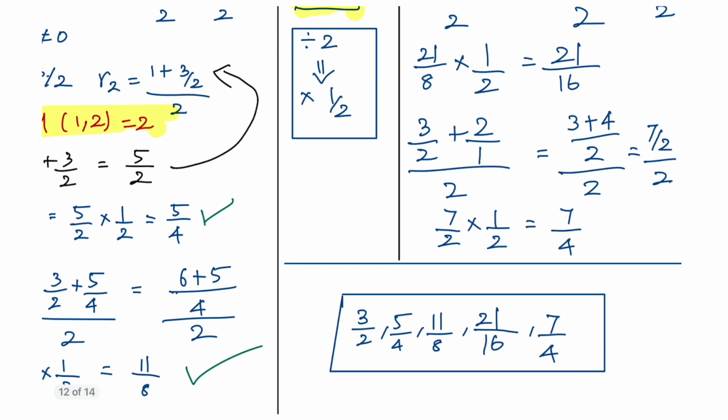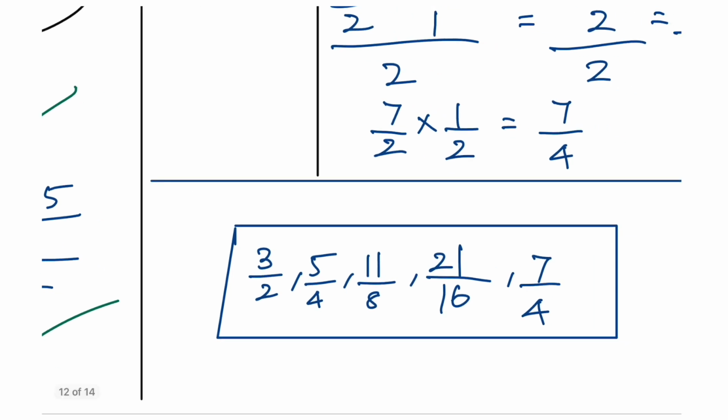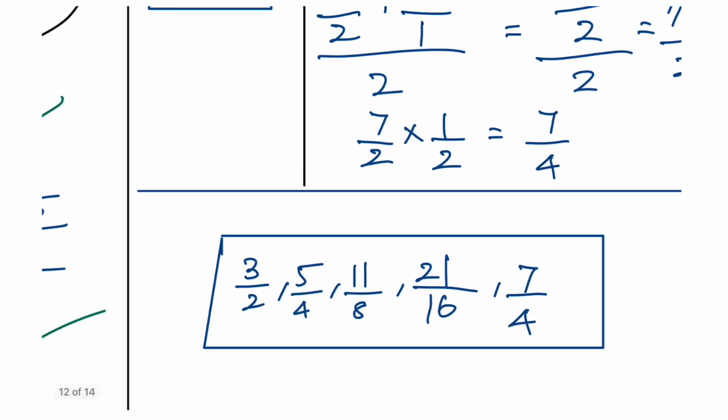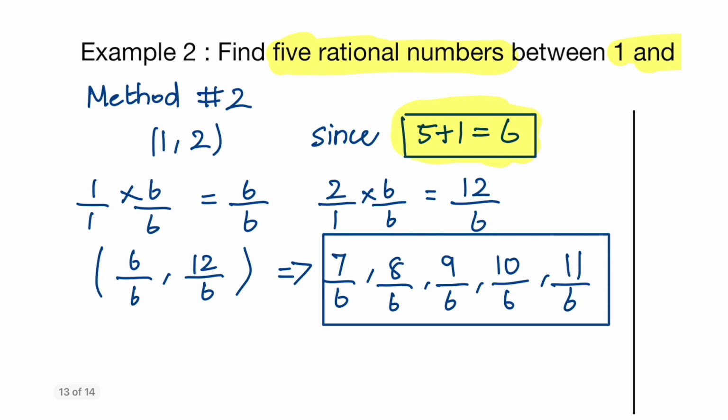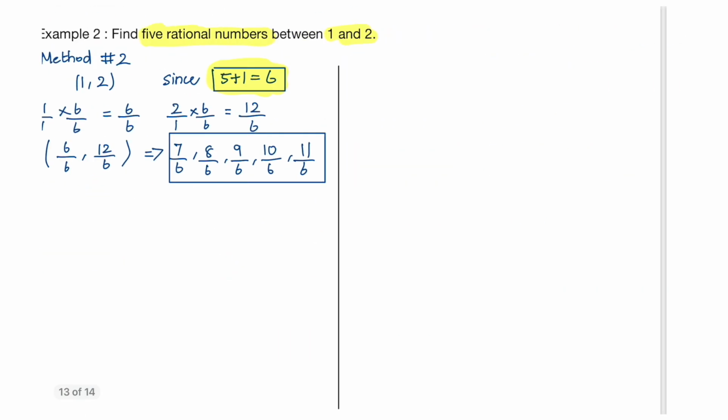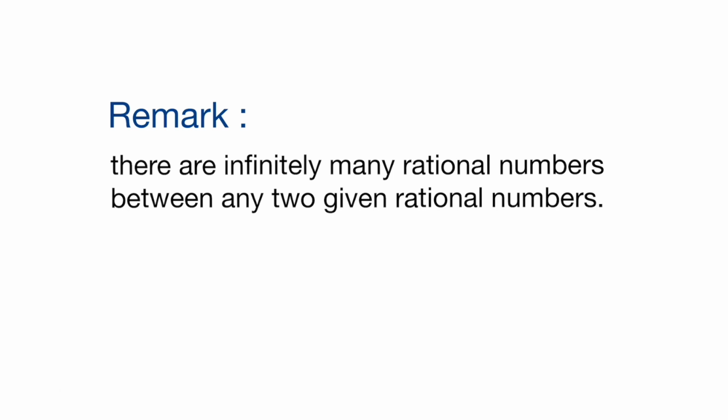I know these numbers that we have here, 3 by 5, 5 by 4, 11 by 8, 21 by 6 and 7 by 4 are not exactly the numbers that we have here, which is 7 by 6, 8 by 6, 9 by 6, 10 by 6 and 11 by 6. But there is no actual only one correct answer. So both these answers are actually correct, and with that we can come to a conclusion that there are infinitely many rational numbers between any two rational numbers, okay.